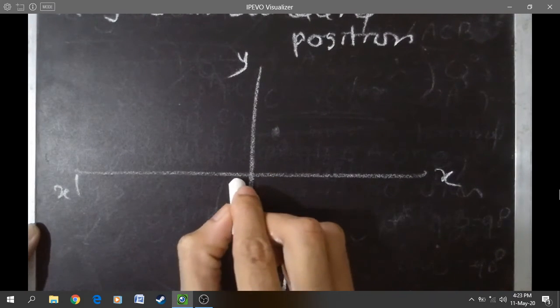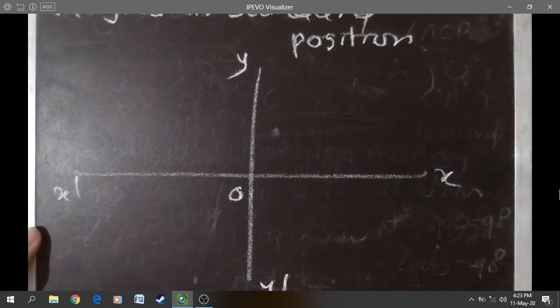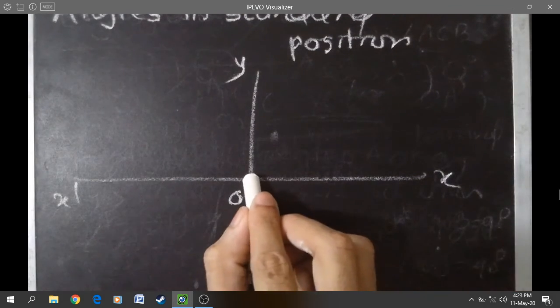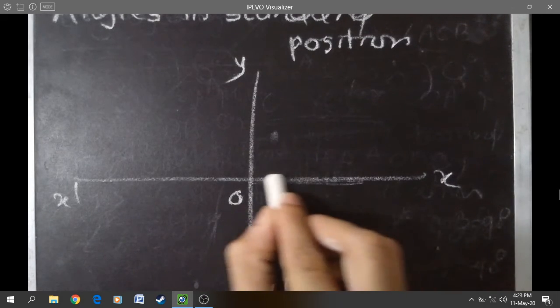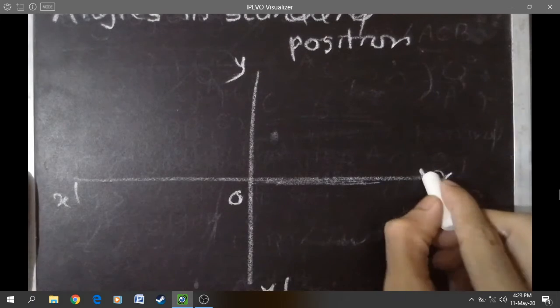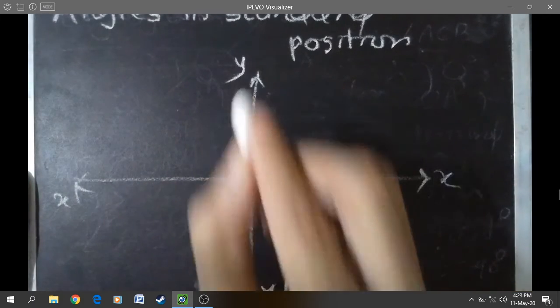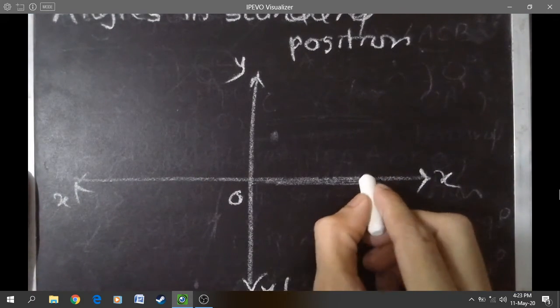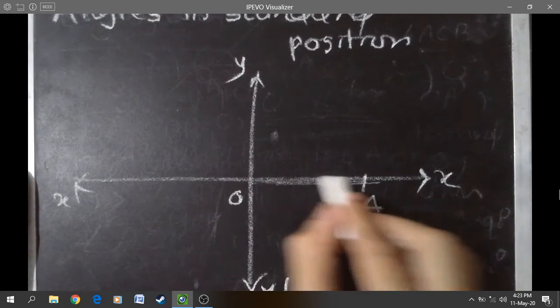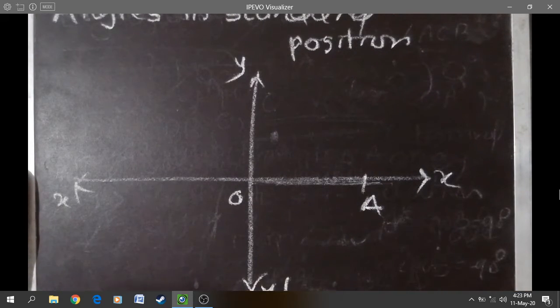And this one is O, which is the origin. Now what makes the standardization of angles is when the initial ray is on the positive x-axis. So suppose there is a ray OA. OA is the positive x-axis.